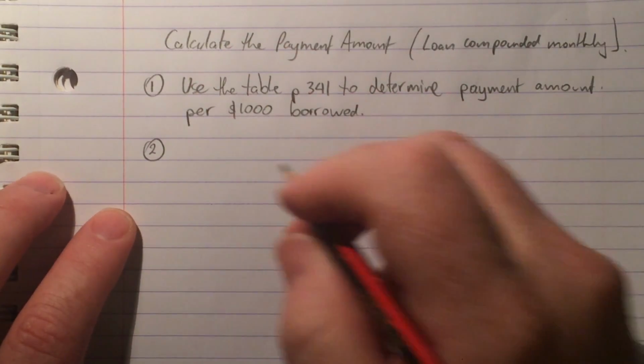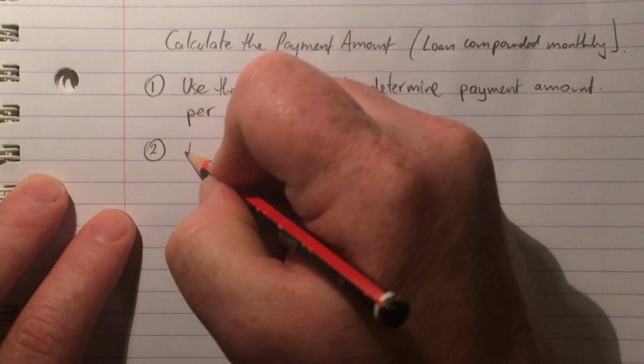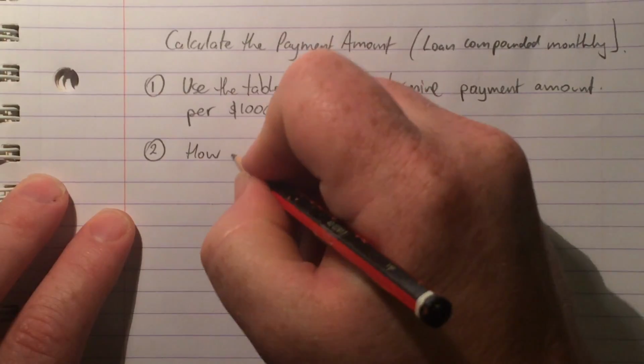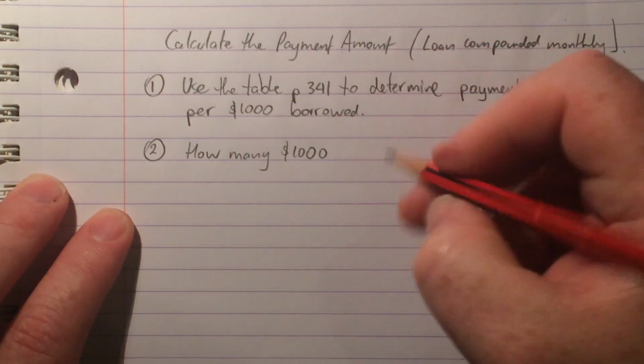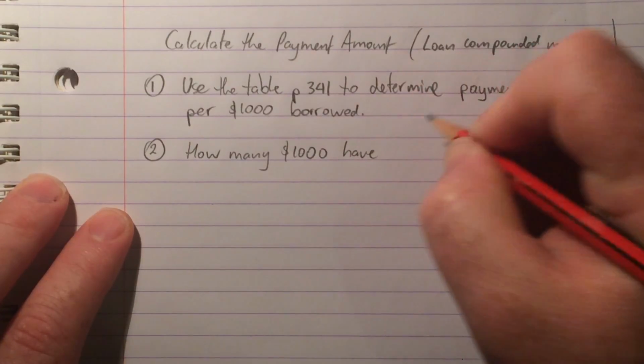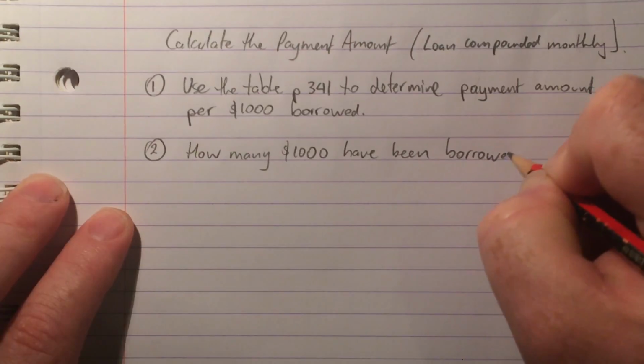The second step is to determine how many thousands of dollars have been borrowed. How many $1,000 have been borrowed.